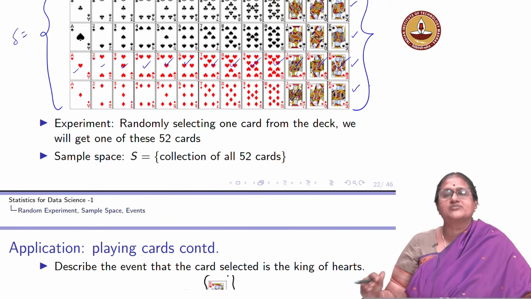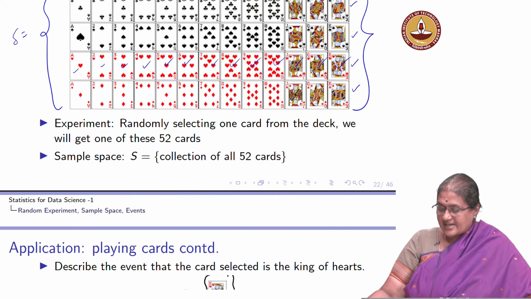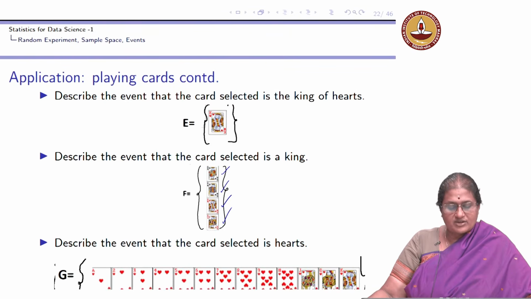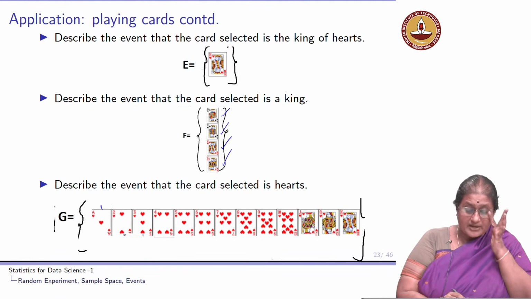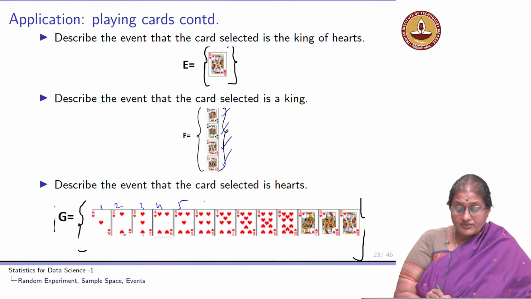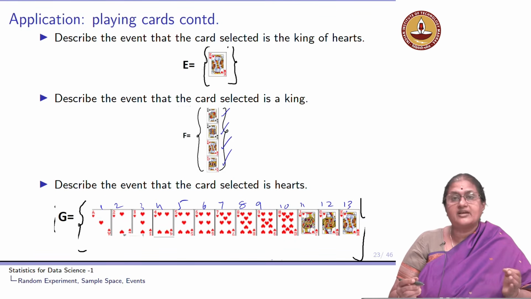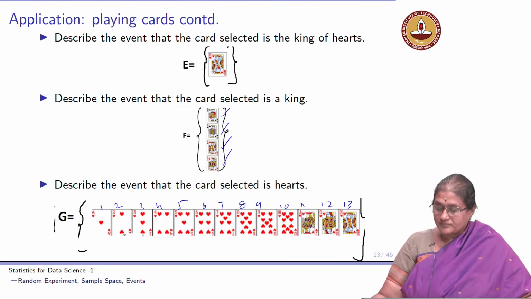I have 13 outcomes which satisfy the event that the card selected is a heart, and I can describe that event as G, which has these 13 outcomes.